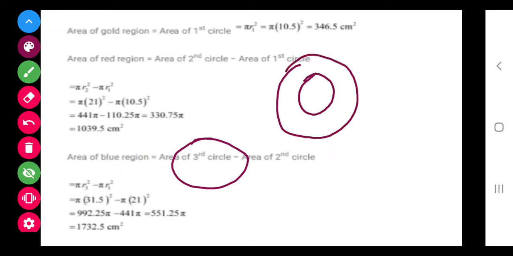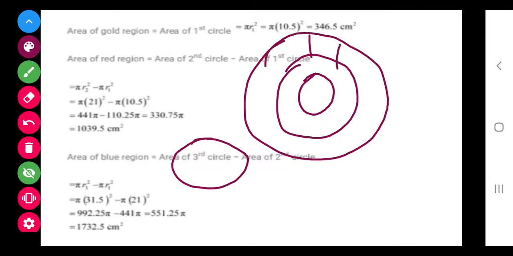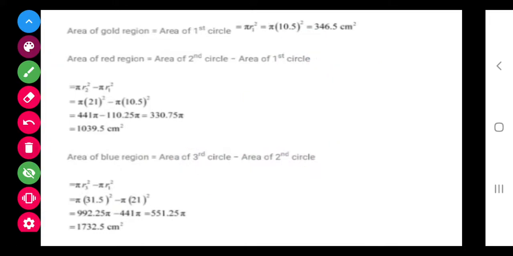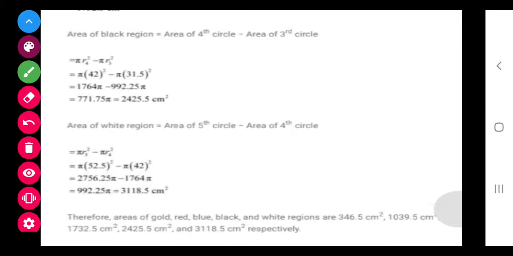This is the first gold, red, and the next is the blue one. This we have to find out. So this area is to be subtracted from the big one. So that's why we have used third circle minus area of second circle. So area of second circle here, from here also you can take out, that is the same, and the third circle area is this. So on solving we are getting this on putting the value of pi, same as the rest of the parts. These are the rest of the parts they have done.